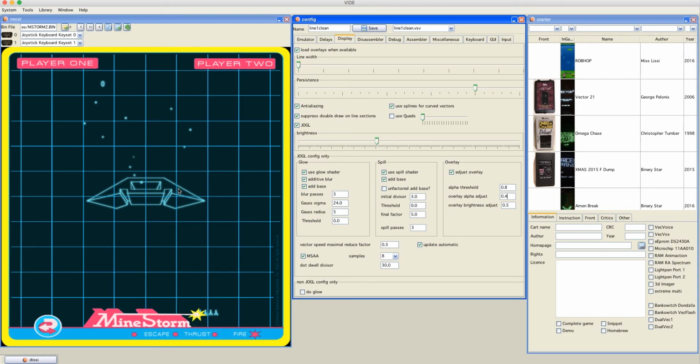The input data used is the alpha value of the overlay, the actual color of the transparent area, and the brightness of the vector, or of the Vectrex beam data, or whatever you want to call it.